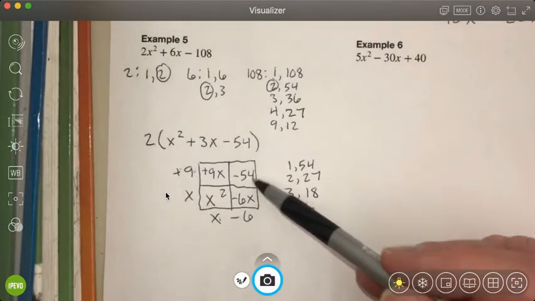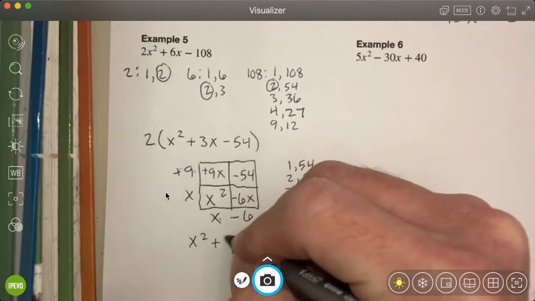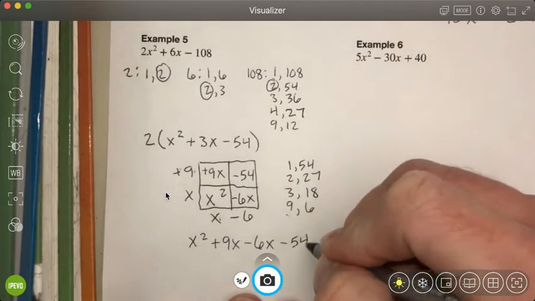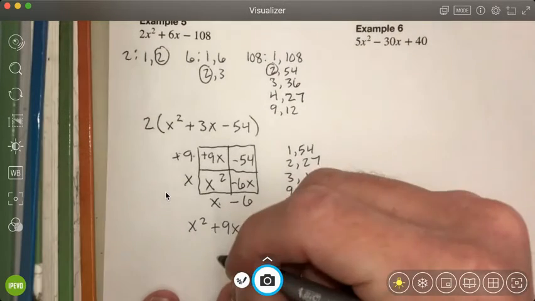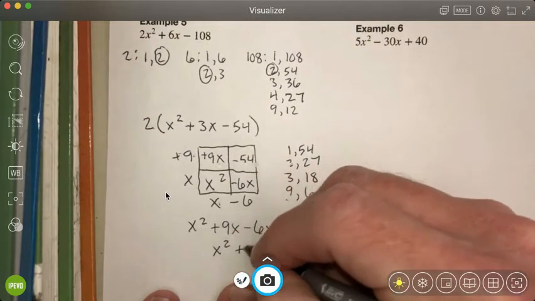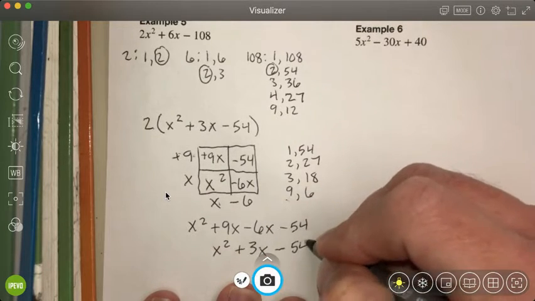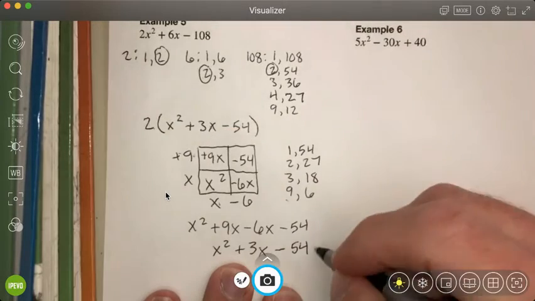All right, so here's all my stuff. Let's give it a look. Some of you probably already see it, but if you don't, it's always great to write down the steps. I see positive 9x minus 6x. Sure enough, those combine to get me positive 3x minus 54. This seems to match this. So that's great.